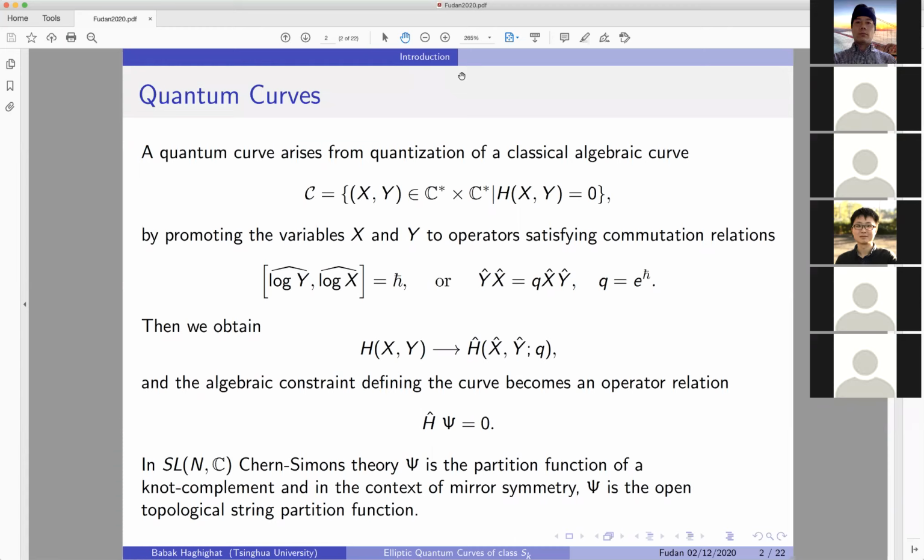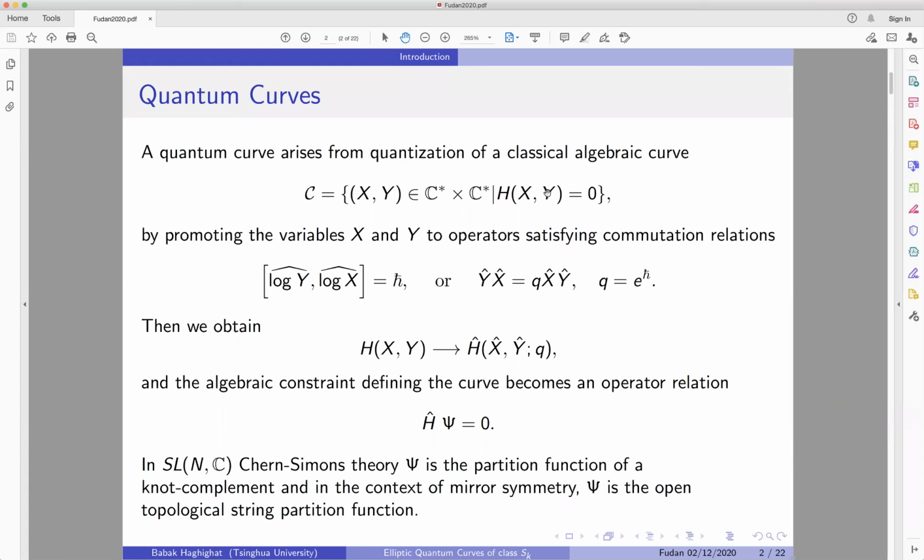They are given, of course, by such an equation. So we have an equation in C star times C star, where h is a polynomial in the variables x and y, equal to 0. You can think of these variables x and y as exponentiated variables, so that they take values on the annulus, or topologically equivalently on the cylinder.